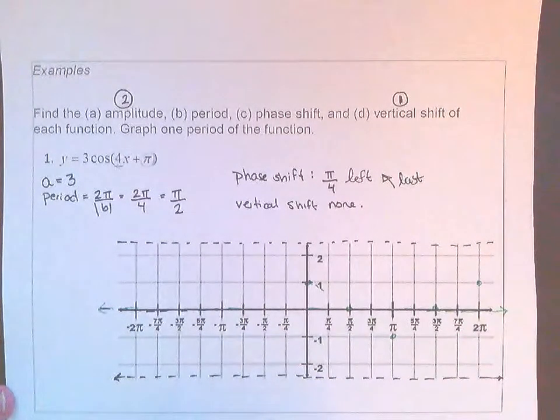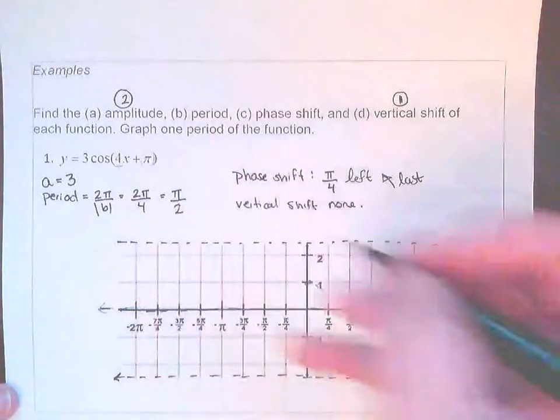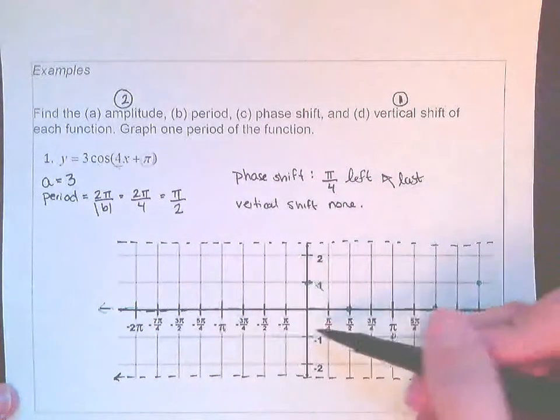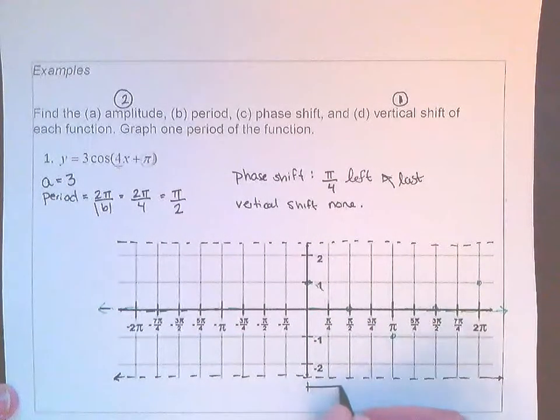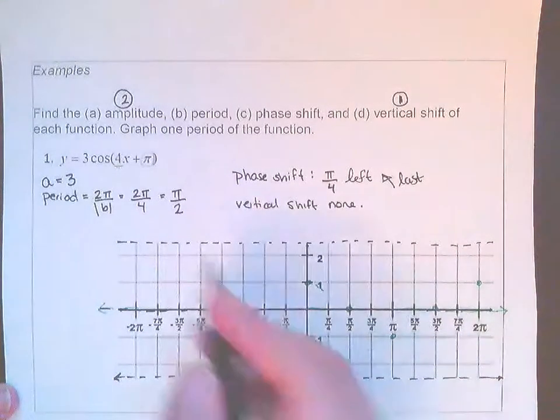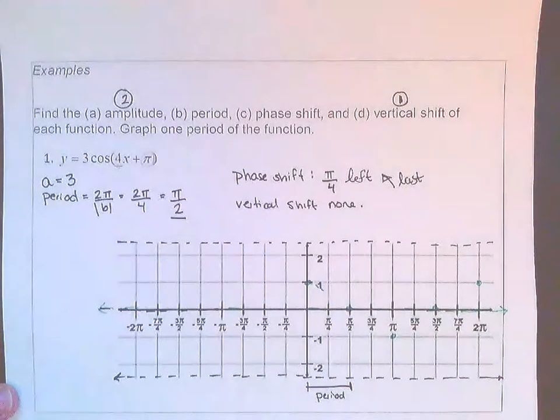Alright, after this point, what you want to draw is, you know that from 0 to pi over 2 is going to be one period, because we figured out our period to be pi over 2.